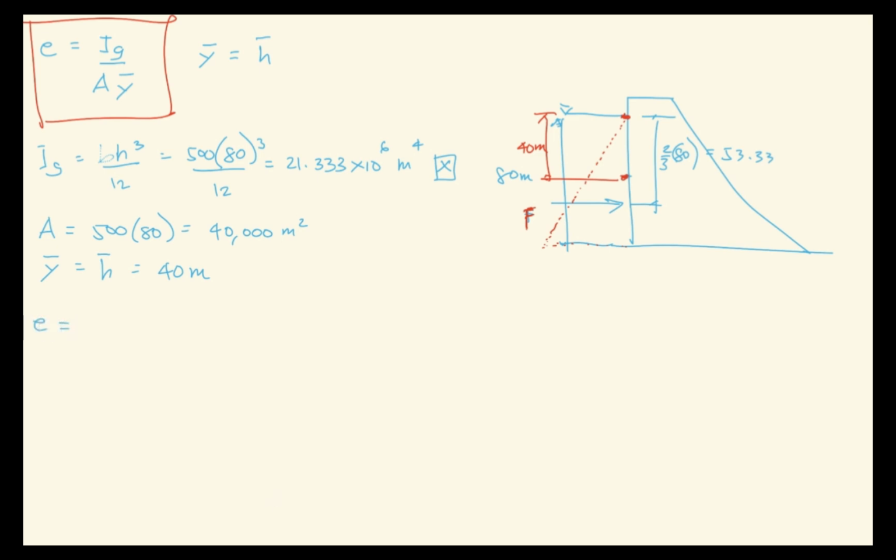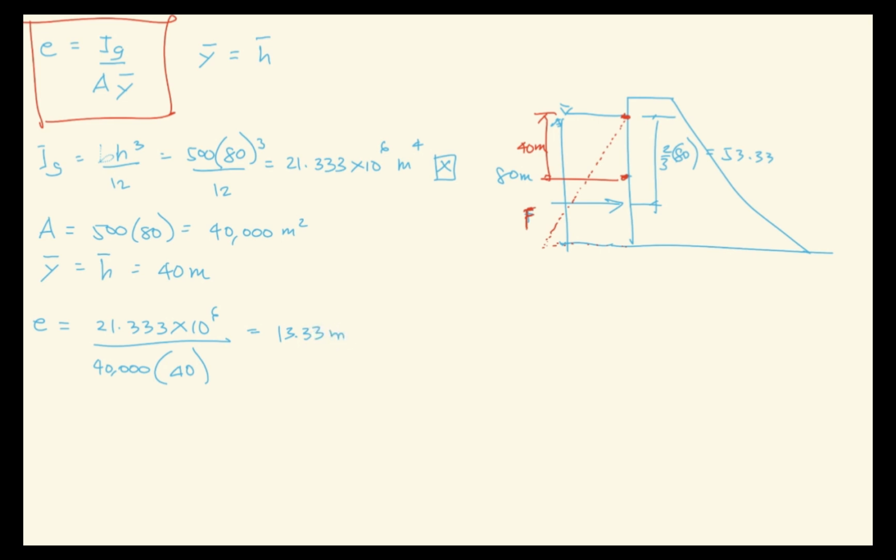Hence E is 21.333 times 10 to the 6th divided by 40,000 times 40. Okay, we get a value of 13.33 meters.